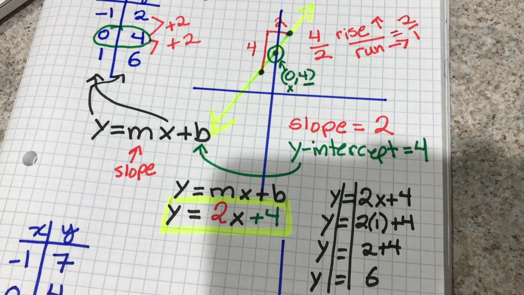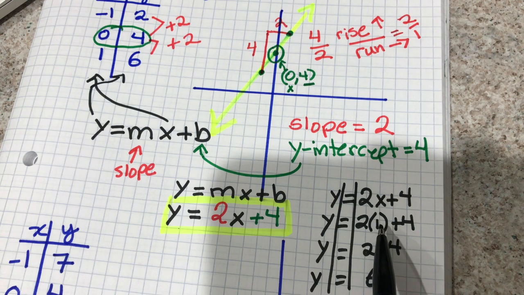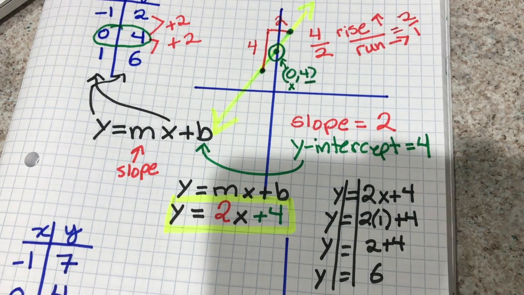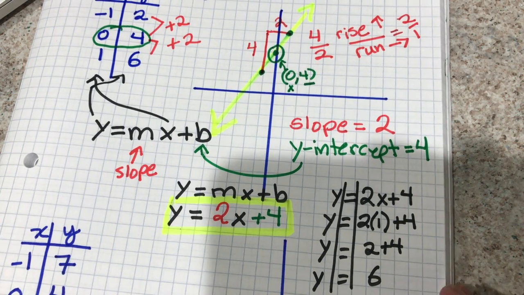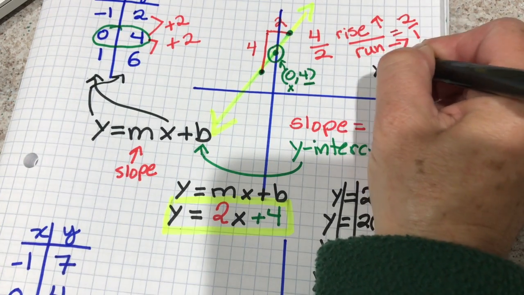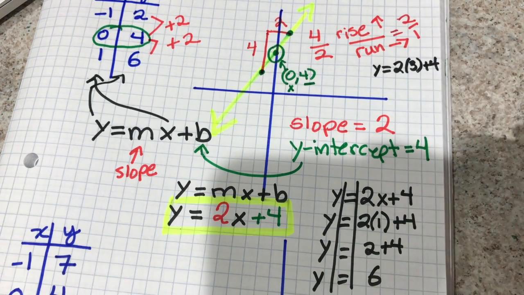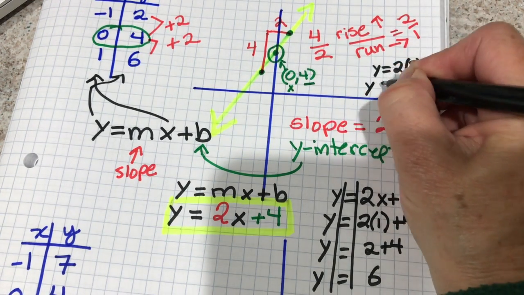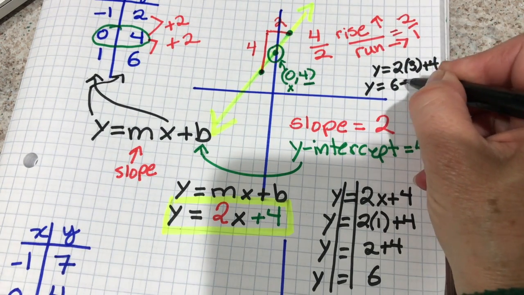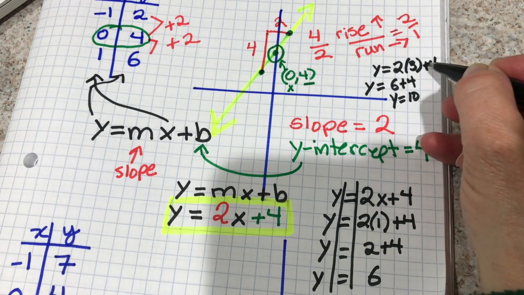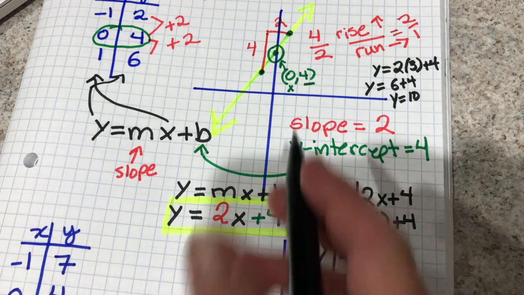So that will work for any value of x: plug it into the equation, and it will tell you the value of y. Well, we don't have a value of 3 for x in our table, so let's try that out. So up here I'm going to do y equals 2 times 3 plus 4. And if I solve that, y equals 6 plus 4, so y should equal 10. So if x is 3, y is 10. Let's go back to the graph and try it out.